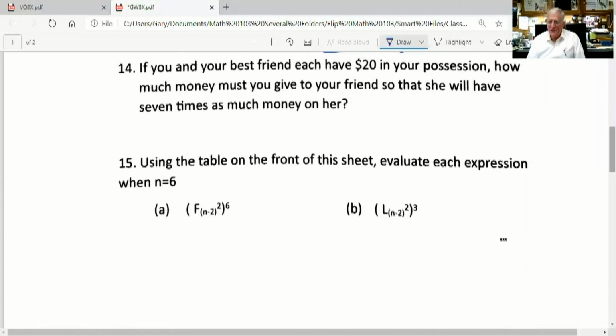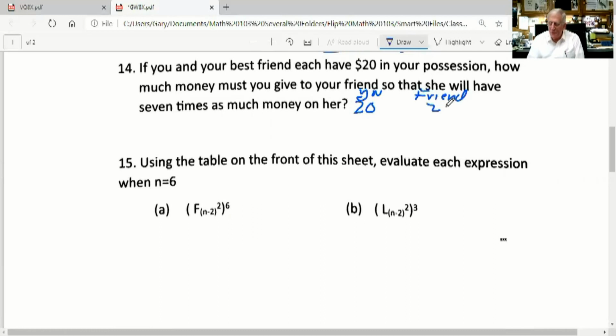If you and your best friend each have 20 bucks right now, how much money must you give to your friend so that she will have 7 times as much money as what you have? So here's you. Here is your friend.